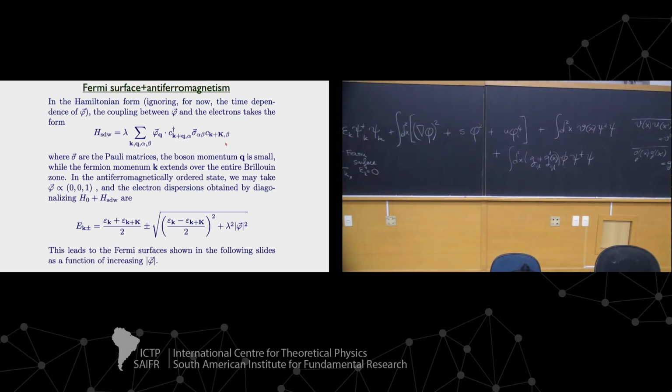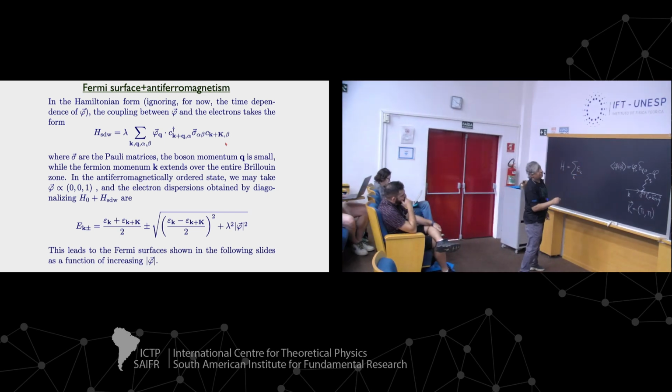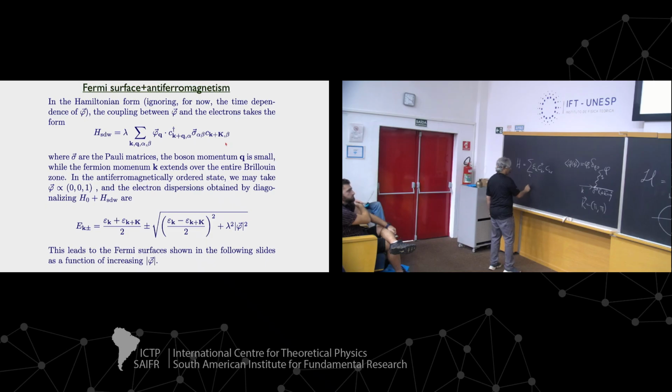I guess I can still write it here. Our electronic Hamiltonian is sum on K, epsilon K, C dagger K sigma, CK sigma. And then I have still sum on K, there's a phi here.